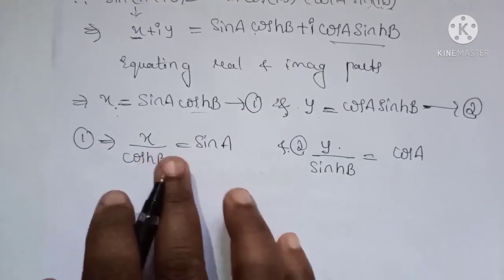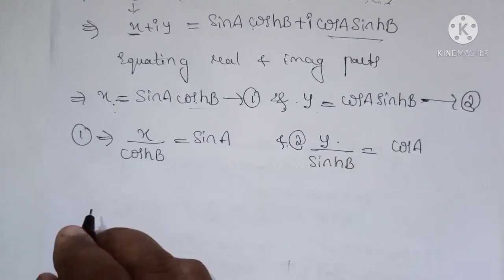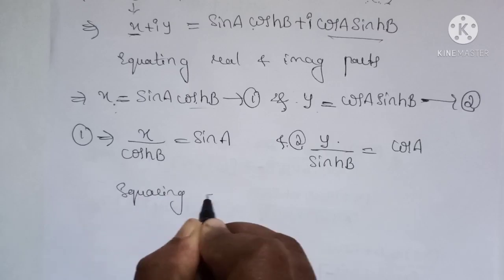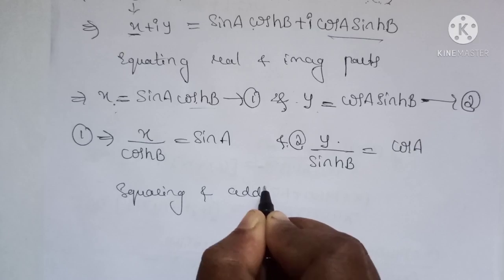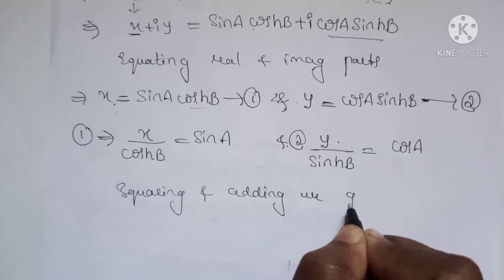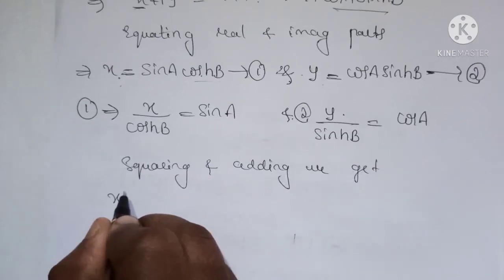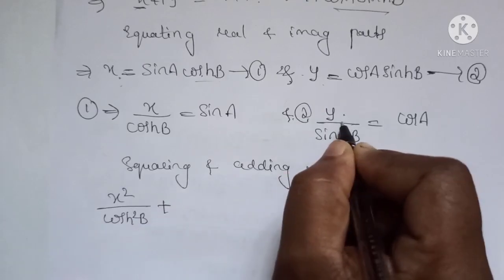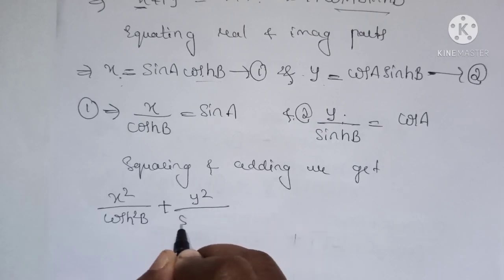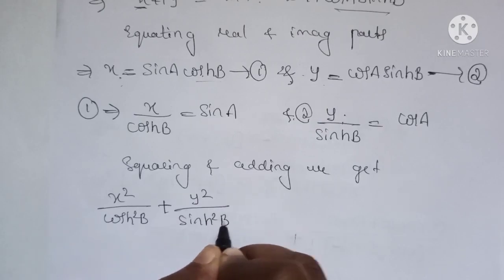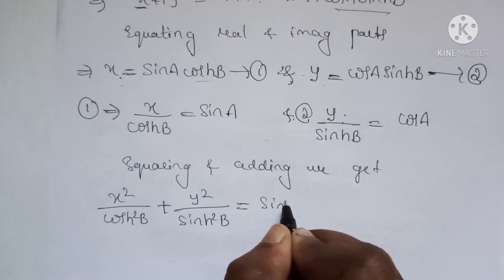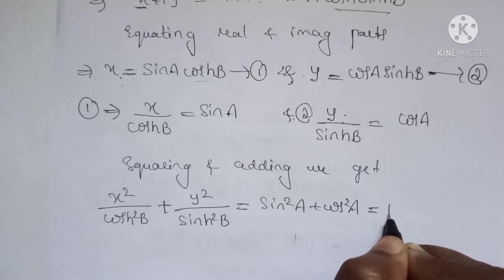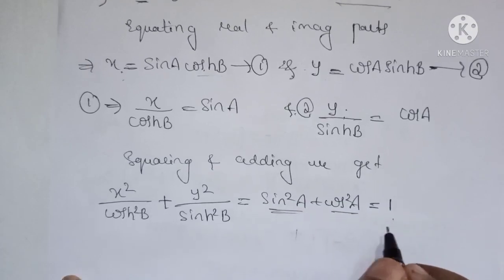Now squaring and adding these two terms, we get x square divided by cosh square b plus y square divided by sinh square b equals sin square a plus cos square a, which equals 1, because sin square theta plus cos square theta equals 1.